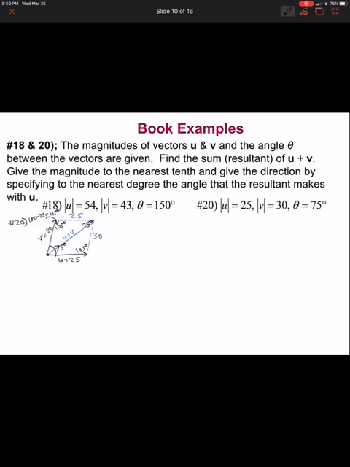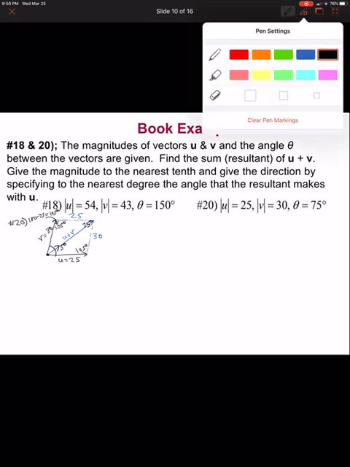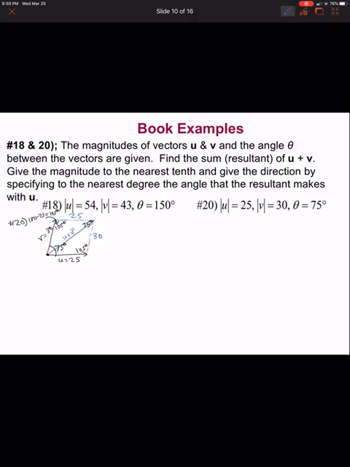With that said, let's find the resultant, again, which is vector u plus v right here. So in finding that, I'm going to use this upper triangle again. Let me highlight it. We've got that side, angle, side triangle. Side, angle, side. So we can use our law of cosines, right? Law of cosines works for side, angle, side, and works for side, side, side.